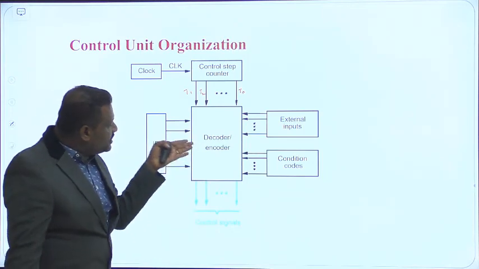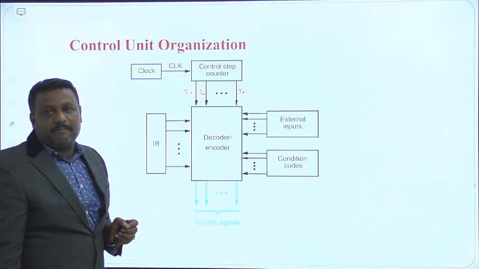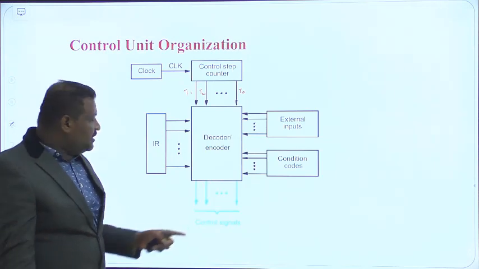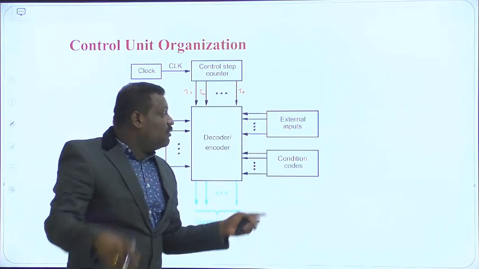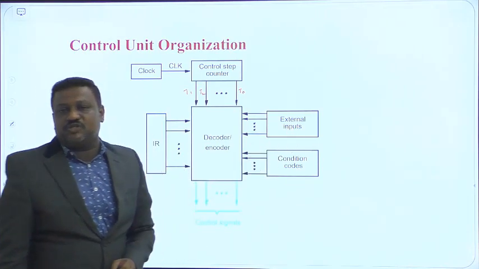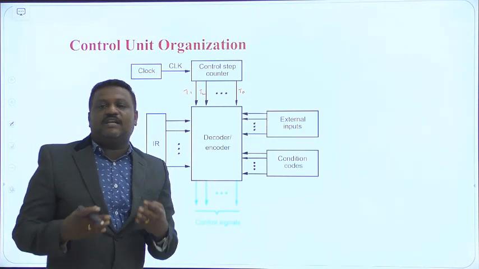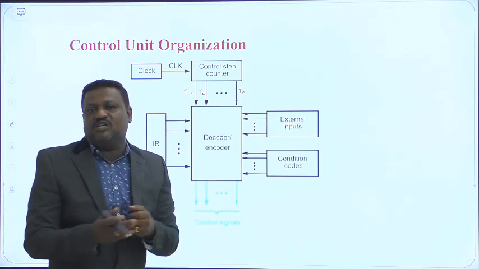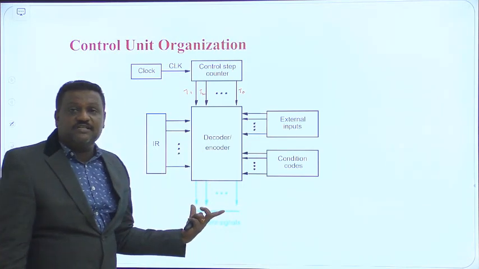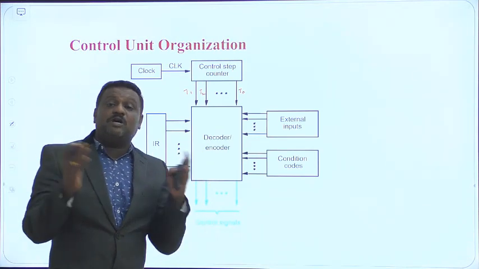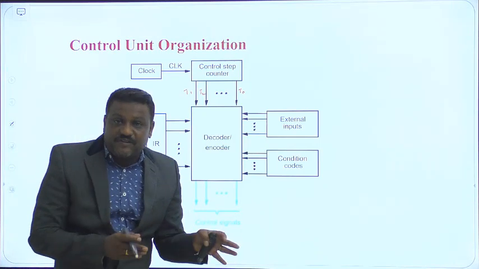So my decoder and encoder circuit collects that information from the instruction register IR. At the same time, this control signal generation also depends on two more factors. One factor is external inputs. That means sometimes I can receive MFC signals as well as interrupt request signals from the external world. I must consider those signals also for generation of control signals. And sometimes it also depends on the condition codes, that means the status flags.